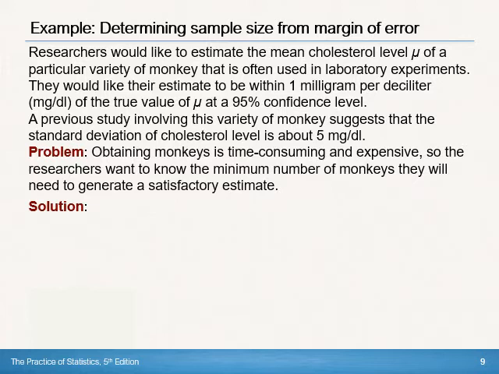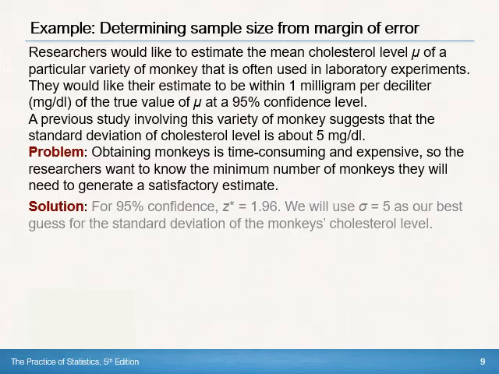A previous study involving this variety of monkeys suggests that the standard deviation of cholesterol level is about 5 milligrams per deciliter. Obtaining monkeys is time-consuming and expensive. So the researchers want to know the minimum number of monkeys they would need to have on hand in order to get that margin of error as low as we need.